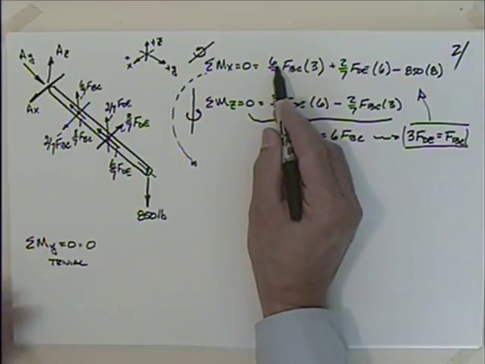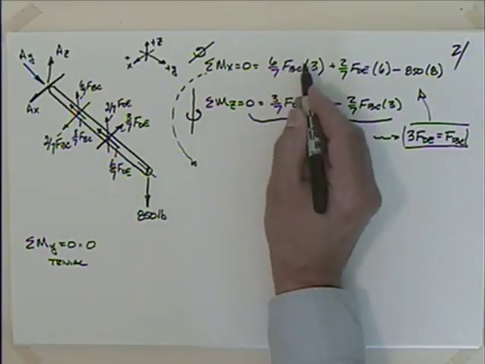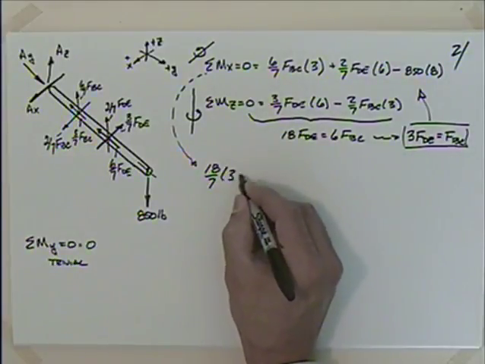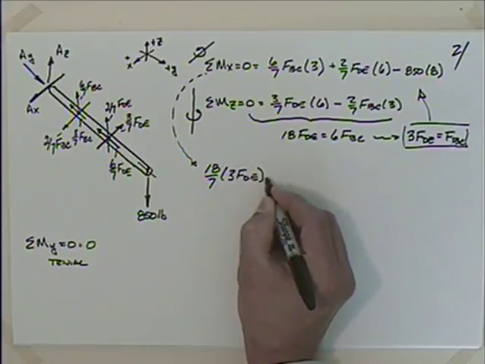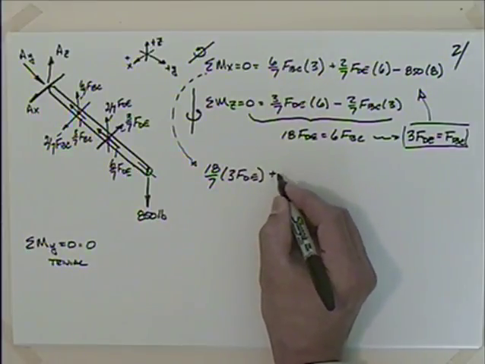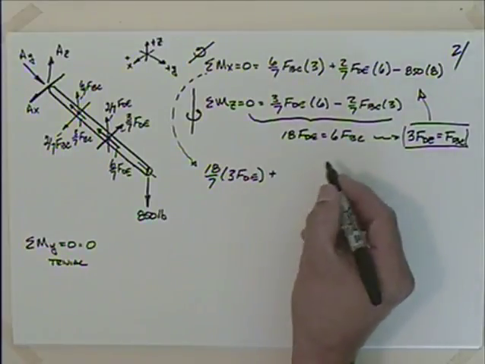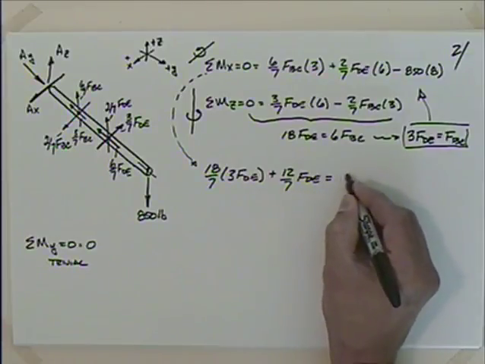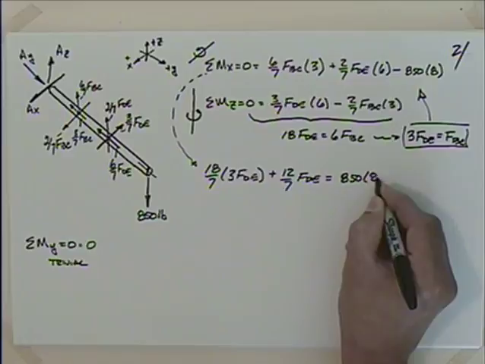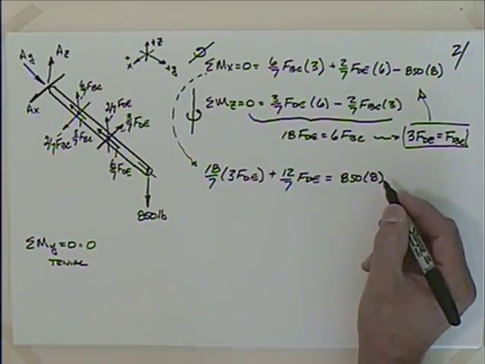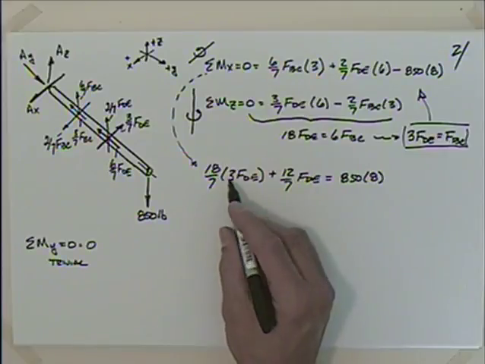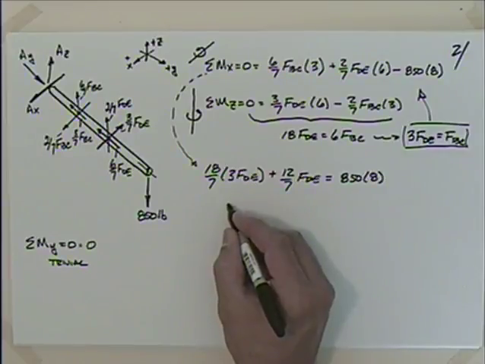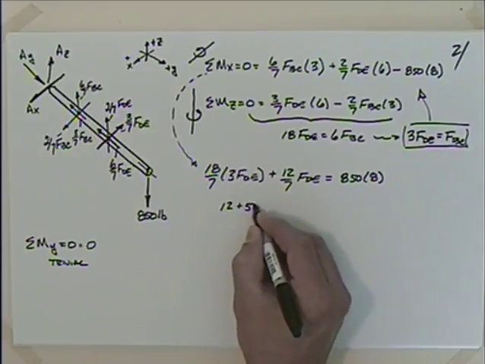So I'm going to have 18 over 7, 6 times 3 is 18 over 7, times FBC that we said was 3 FDE, plus 12 over 7 times FDE is equal to 850 times 8. I'll check that with my notes. So I've got then 3 times 18 is 54, so I've got 12 plus 54.